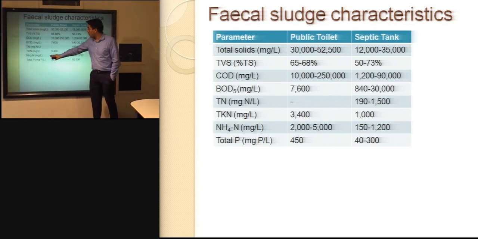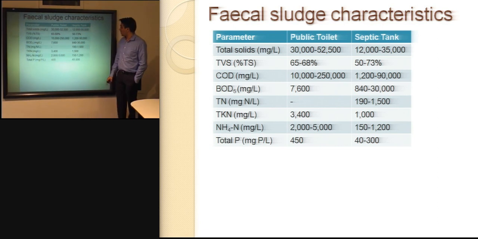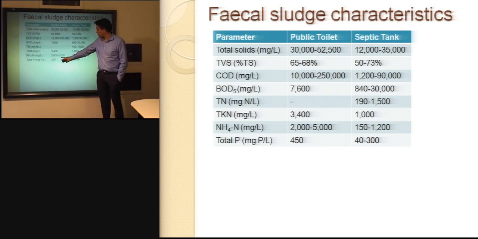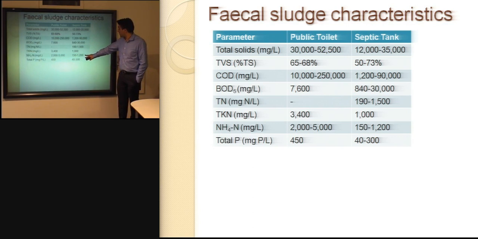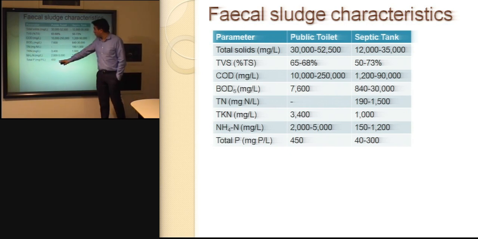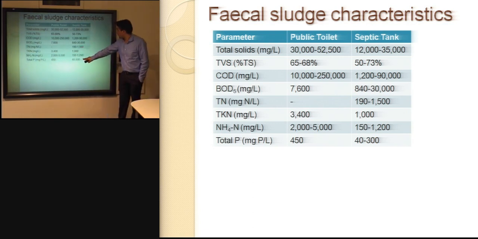Ammonium ranges for public toilets from 2,000 to 5,000 milligrams per liter, and for septic tanks a bit more than 1,000 milligrams per liter. For total phosphorus, public toilets show concentrations of more than 400 milligrams per liter, and septic tanks up to 300 milligrams per liter.